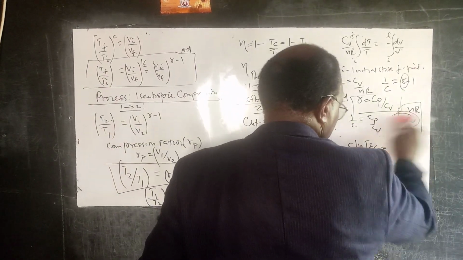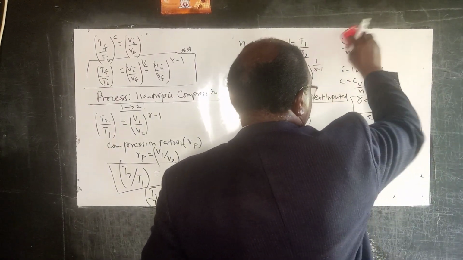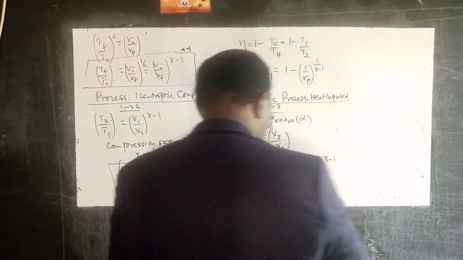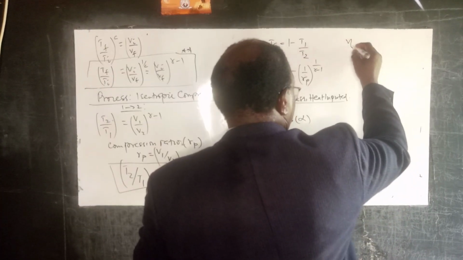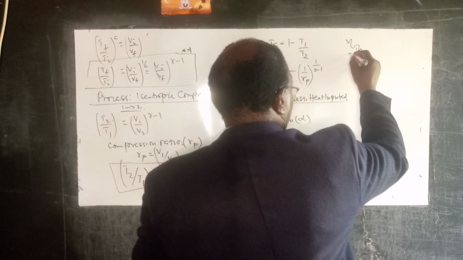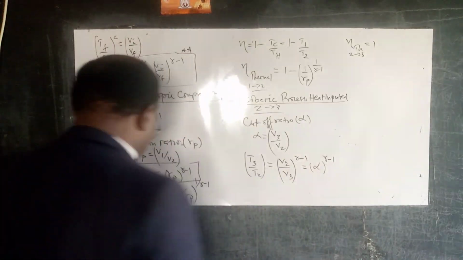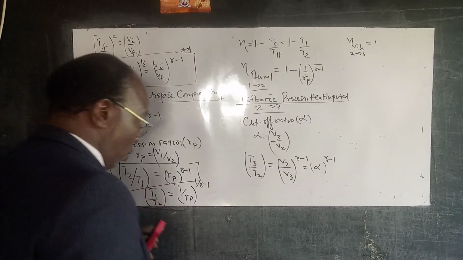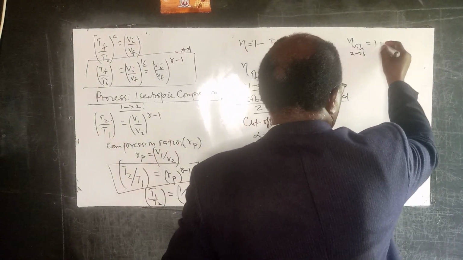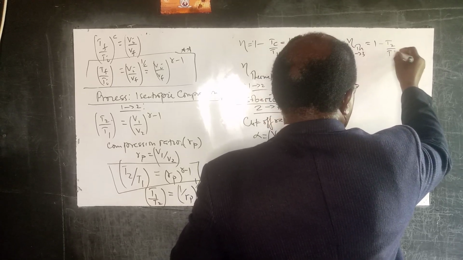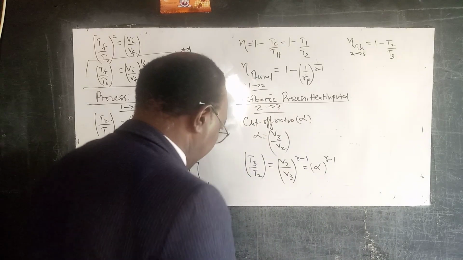So again, for that particular process, the efficiency of that particular process 2 to 3, we have 1 minus T2 over T3.